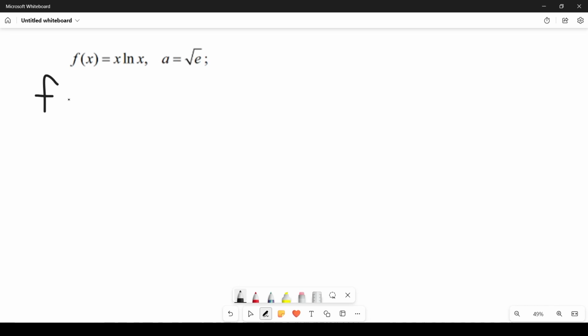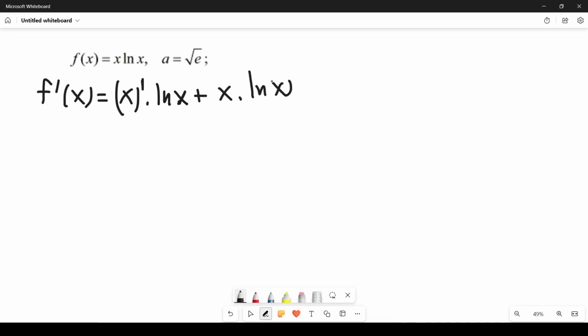The derivative, not that big as the last time, the derivative of f of x is just the derivative of the first thing, which is x, times ln of x, the natural logarithm, plus x times the derivative of the natural logarithm of x. And to be precise, you can place brackets here. However, we're not obliged to do that.